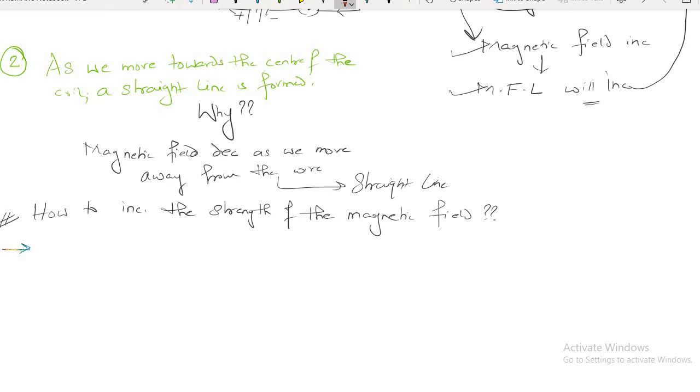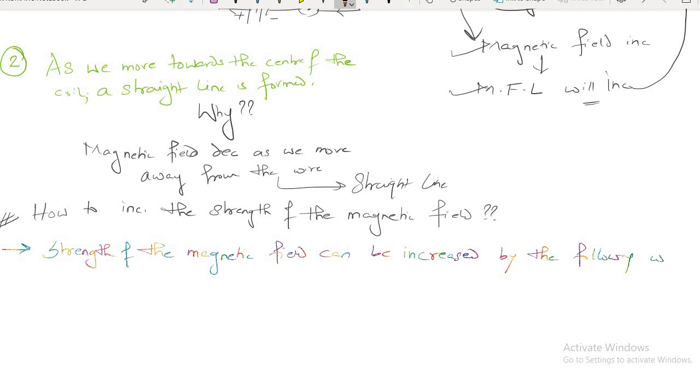The answer to this question is, you have to write down, the strength of the magnetic field can be increased by the following ways. By using the following ways you can increase the strength of the magnetic field.